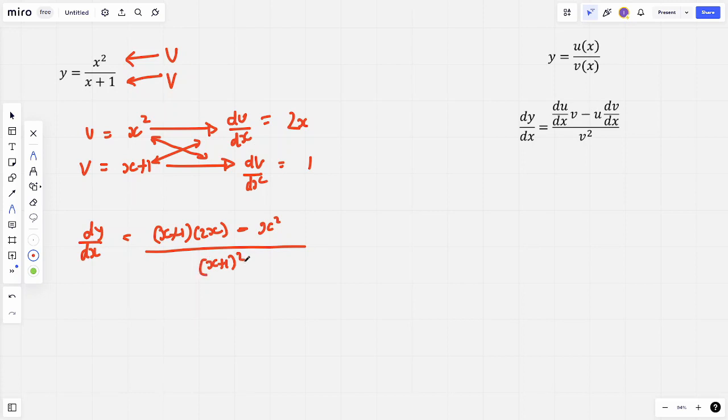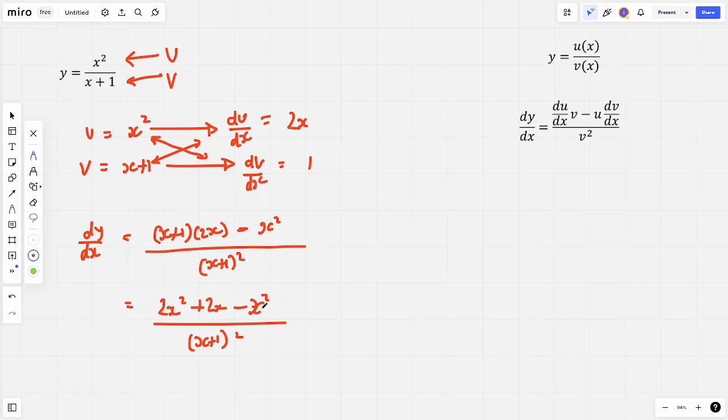What we can do is multiply through the top to condense that down. So x plus 1 multiplied by 2x is equal to 2x squared plus 2x, minus x squared, all over x plus 1 squared.